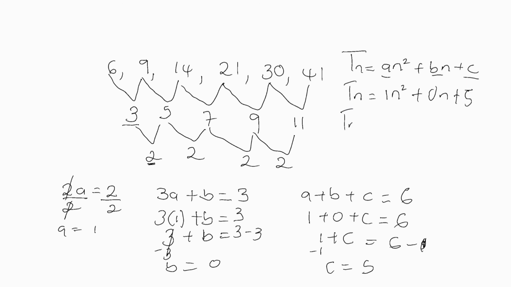Therefore, Tn is equal to n squared, 0 times n is 0, plus 5. So this is the equation that determines sequence T. In other words, that's the nth term for sequence T.